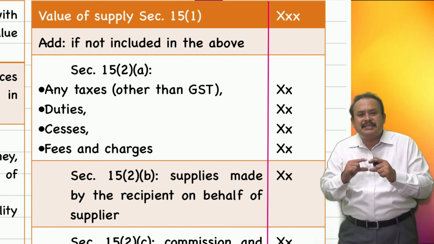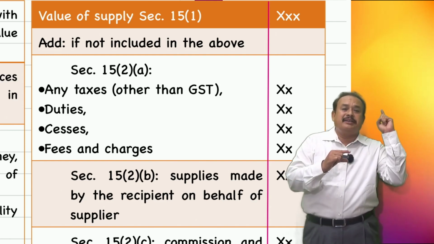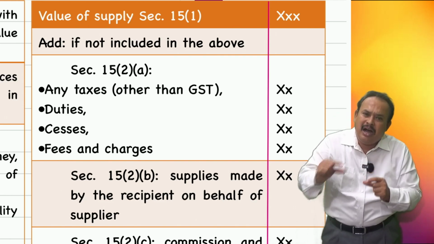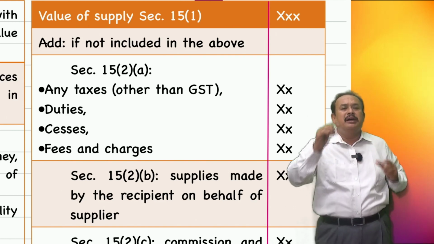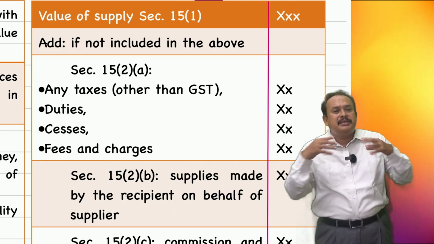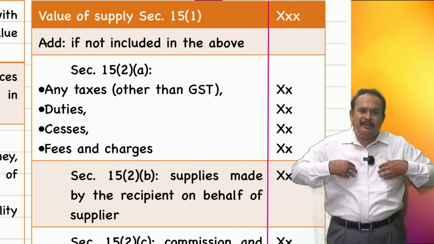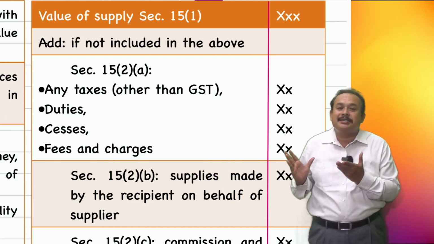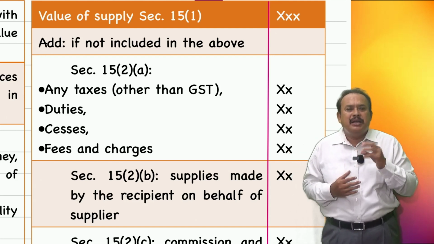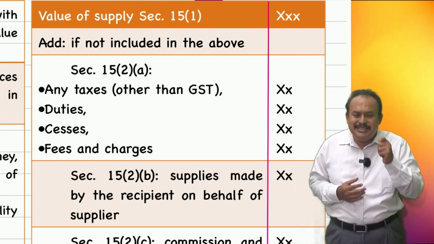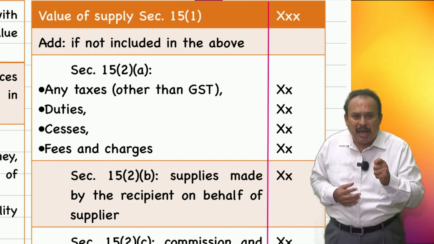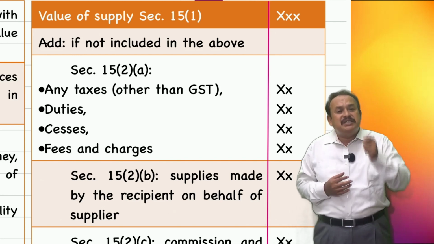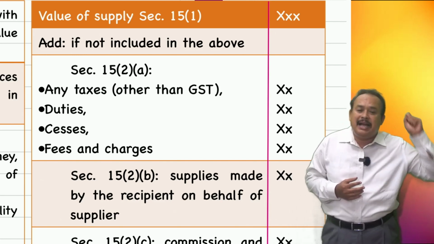Now TCS, tax collected at source from the Income Tax Act, is this TCS addable in the value of supply or not addable in the value of supply? Got confused. This honest taxpayer requested CBIC, Central Board of Indirect Taxes and Customs, please clarify, am I required to charge my GST on my value of supply, which includes TCS of the Income Tax Act, or which excludes TCS of the Income Tax Act?